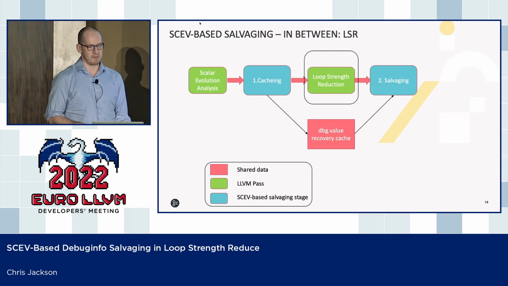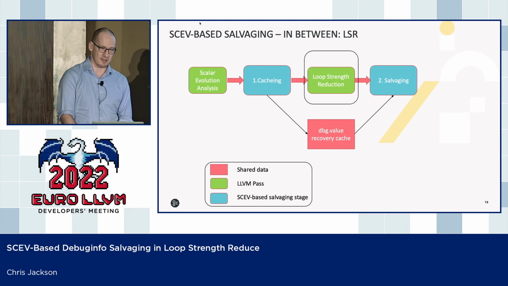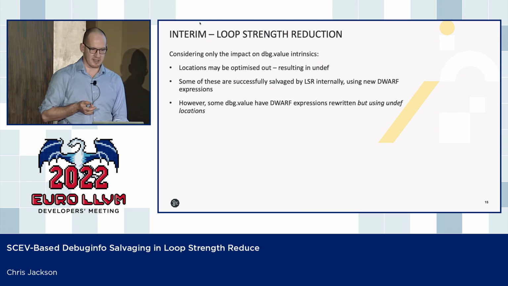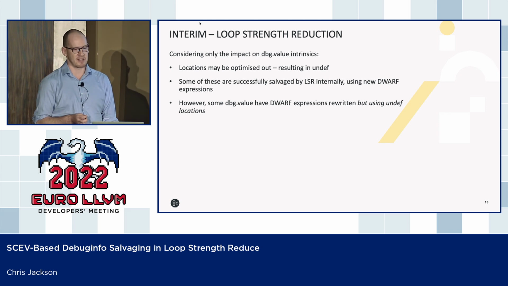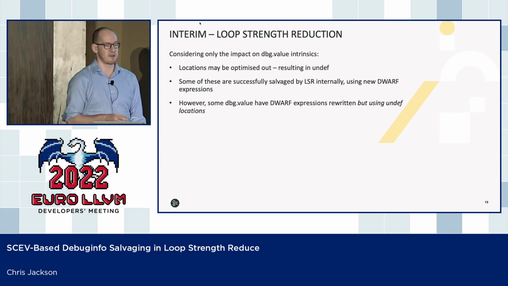So in the interim, loop strength reduction runs, and I discussed earlier some of the optimization effects, but it's important to consider the impact now specifically on debug.value arguments. Firstly, location references become undef. Not all locations. Some debug.value are given new expressions by loop strength reduction, and they still preserve debuginfo.